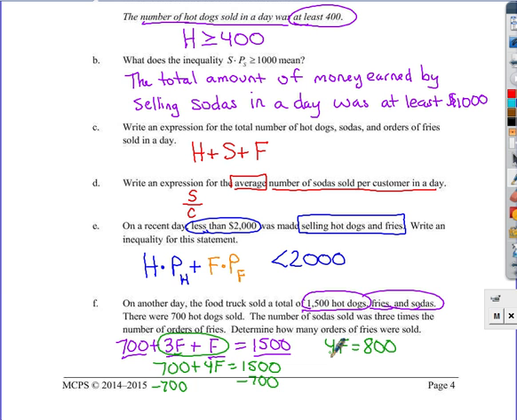And then we need to divide by 4 to see what f would be. So f equals 200. Now I have to go back and answer the question to determine how many orders of fries were sold. So I would say 200 fries were sold, or 200 orders of fries were sold.